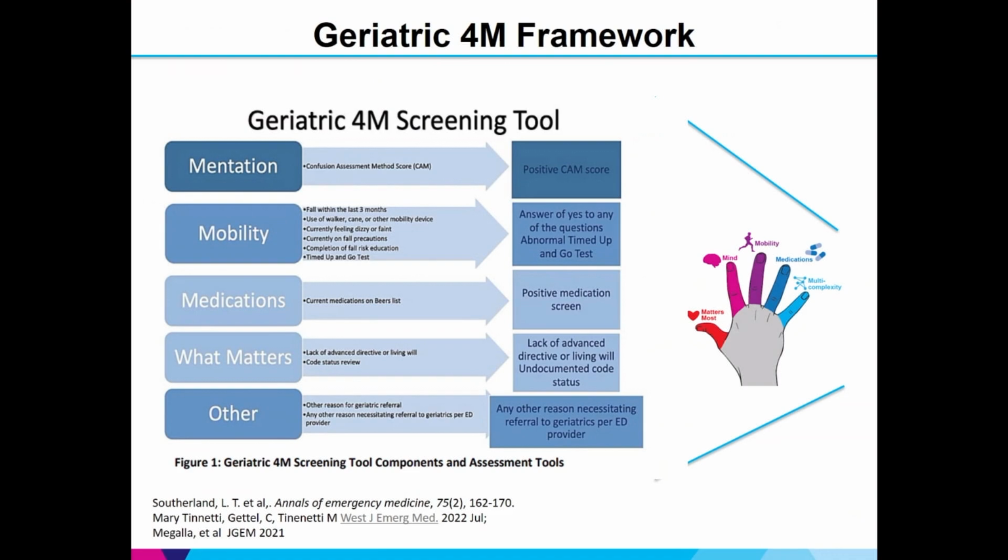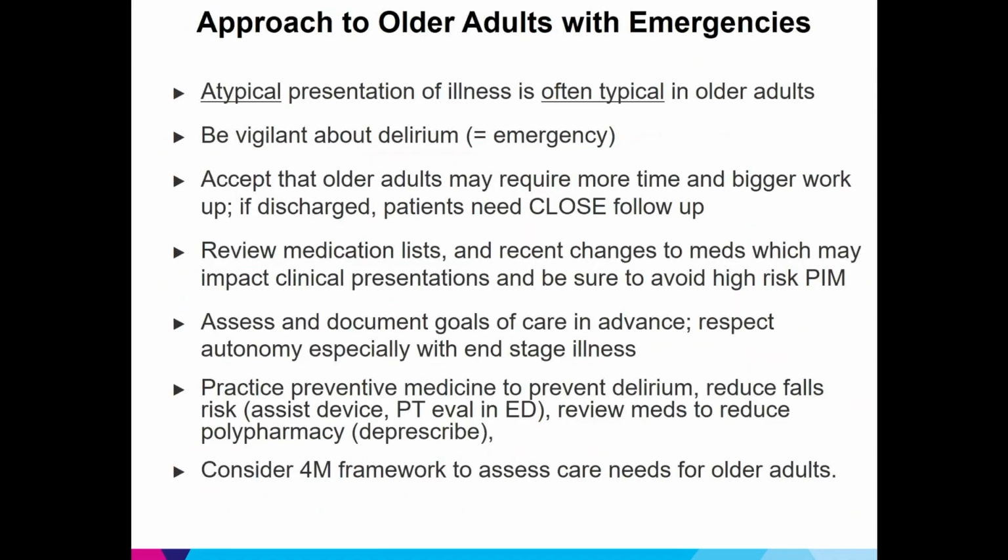So I end here with some highlights in the approach to older adults with emergencies. A few take-home points I hope you remember: really consider that atypical presentation of illness is often the typical presentation in our older adults. Be vigilant about delirium.